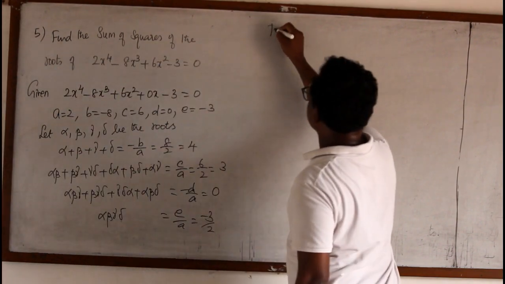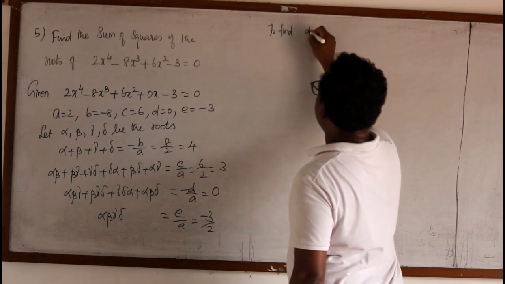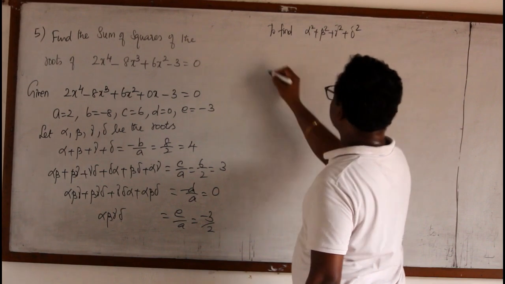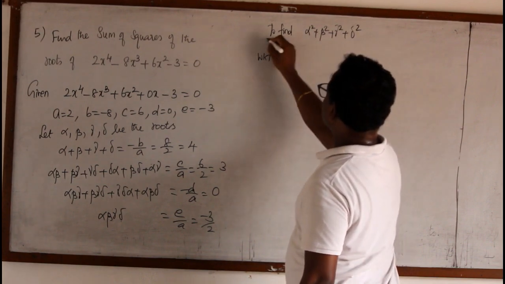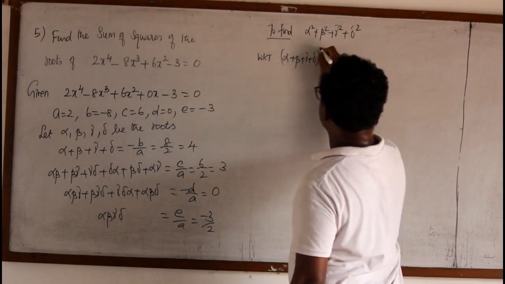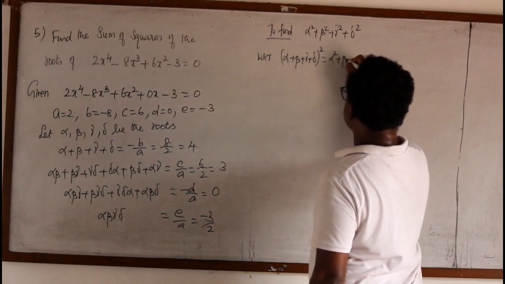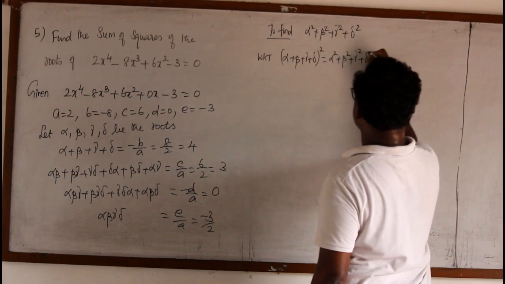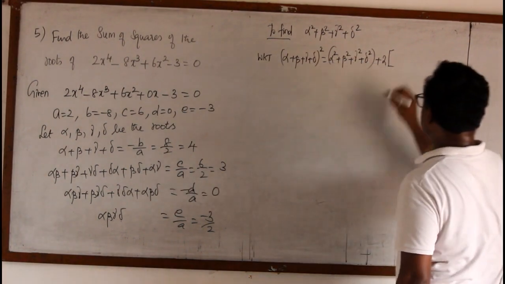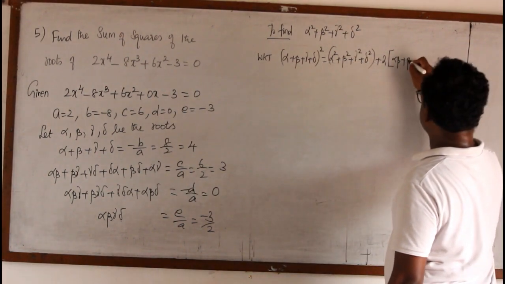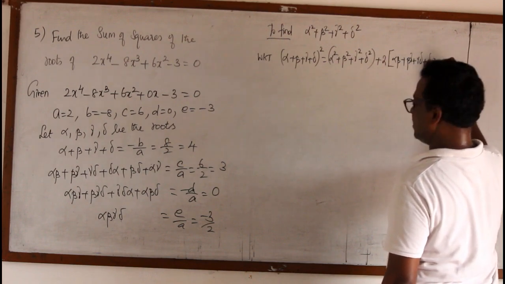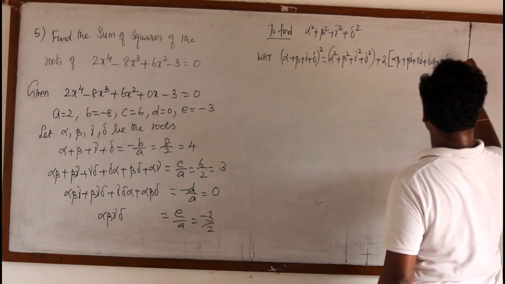We have to find alpha square plus beta square plus gamma square plus delta square. And we know that alpha plus beta plus gamma plus delta the whole square is alpha square plus beta square plus gamma square plus delta square plus 2 into alpha beta, beta gamma, gamma delta, delta alpha, beta delta and alpha gamma.